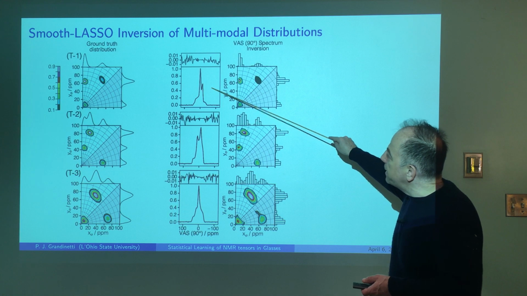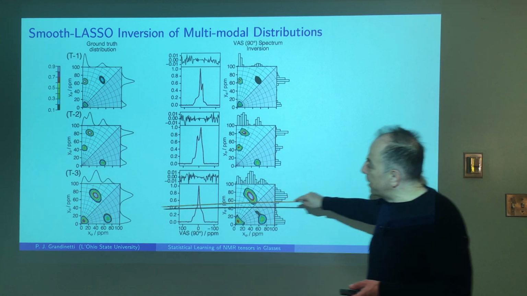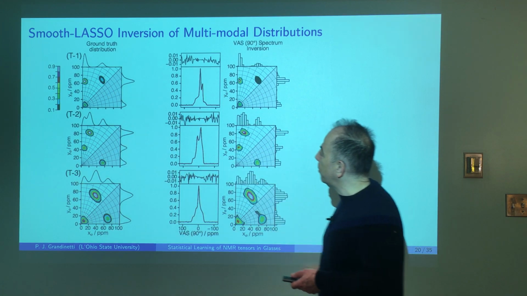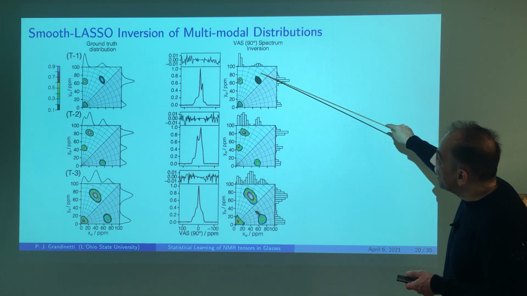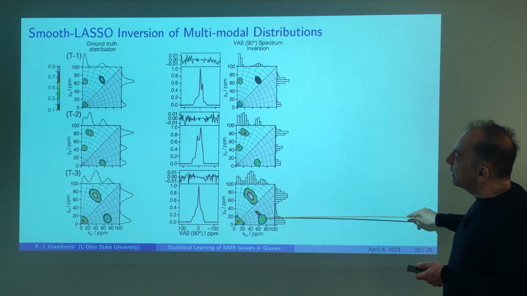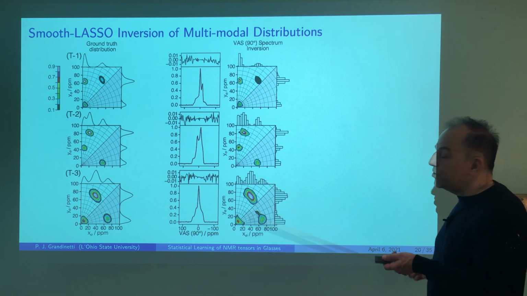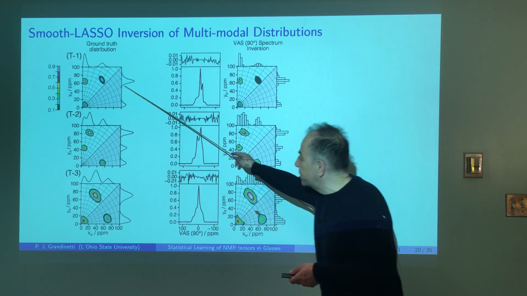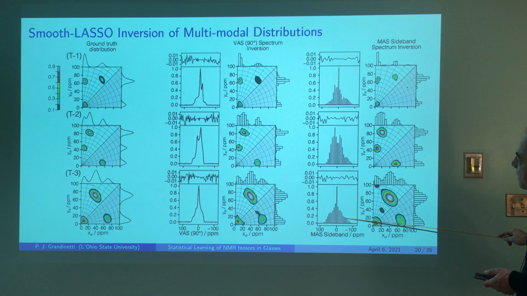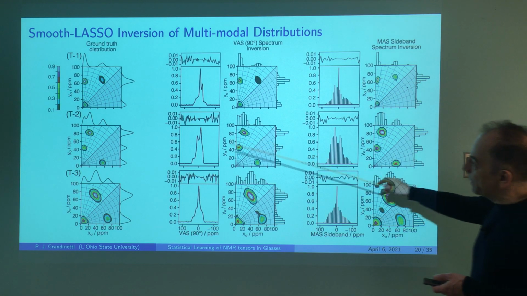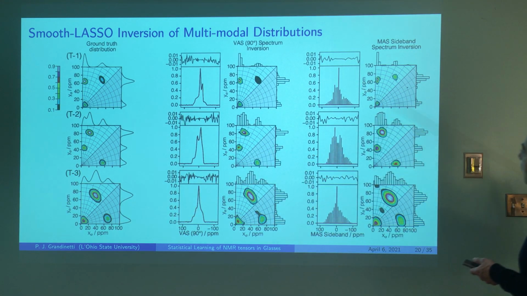Here are the 1D anisotropic distributions that you generate from these ground truth distributions, and inverting these with the smooth lasso algorithm gives us back these distributions, which you can see are pretty close to what we started with. Similarly, if you're working with spinning sidebands, here are the simulated spinning sidebands from this with noise added, and here are the inversions you get.